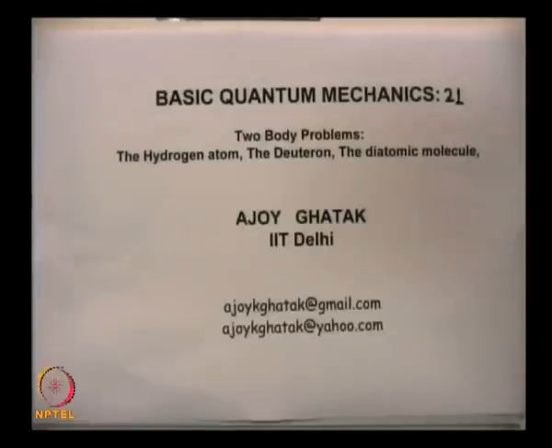Continue our discussion on the two-body problem, in which we will consider two particles which are interacting through a potential energy distribution which depends only on the distance between the two particles.